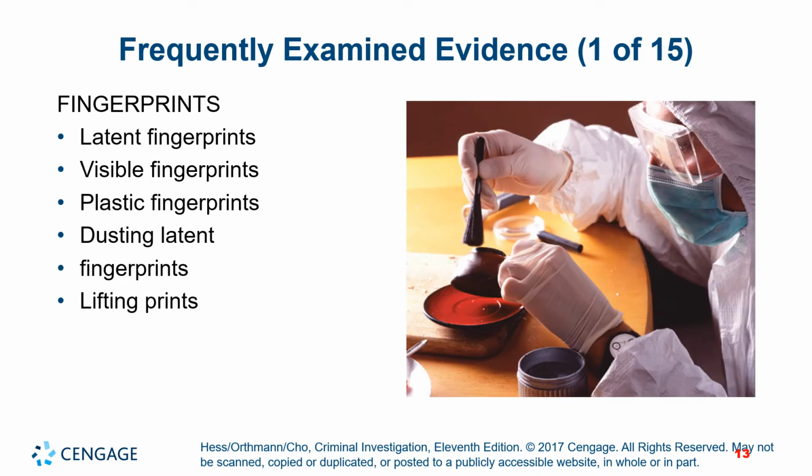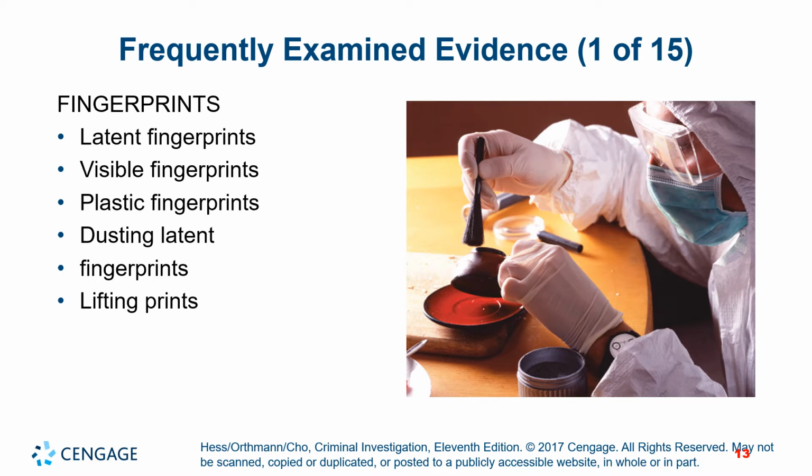In the next few slides, we're going to be discussing frequently examined evidence. Examining physical evidence often involves the use of biometrics, which is the statistical study of biological data. Labs that process this kind of evidence should be accredited, and they're not only accredited in the state they're in, they're usually accredited with a federal accreditation as well.